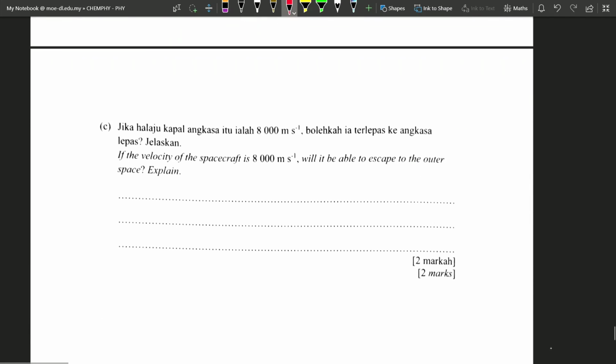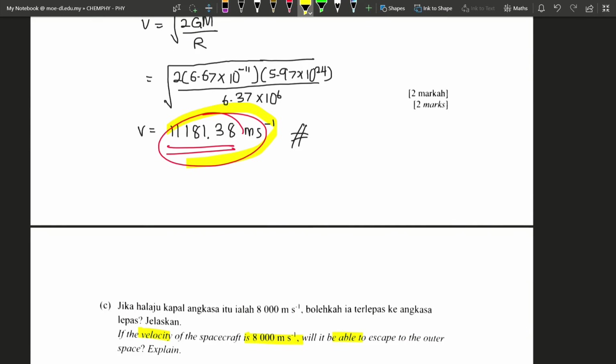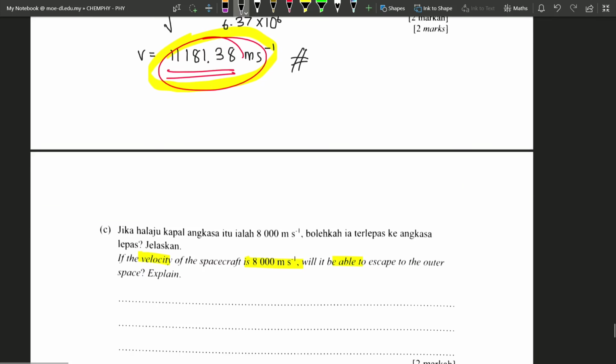And last question, if the velocity of the spacecraft is 8,000 meter per second, will it be able to escape to the outer space? Explain. So kalau halaju kapal angkasa tadi 8,000, tapi halaju lepas bumi 11,000. So boleh ke kapal angkasa tu nak keluar ke permukaan bumi, nak pergi angkasa lepas? So jawapan kita tidak boleh.